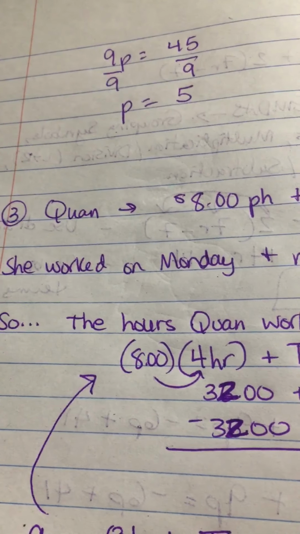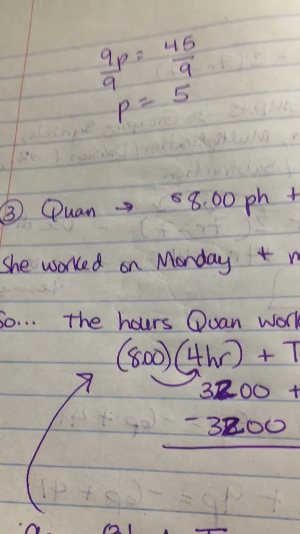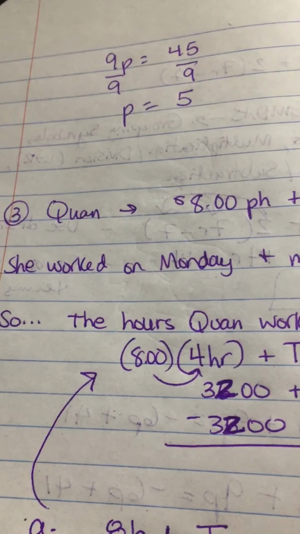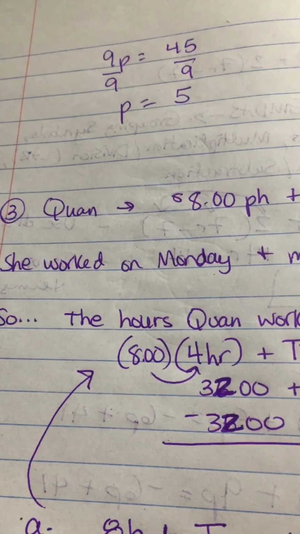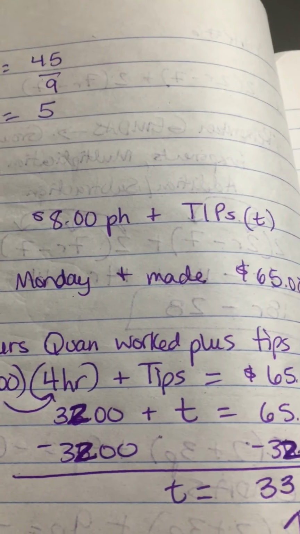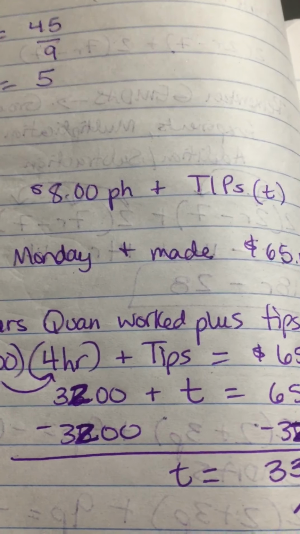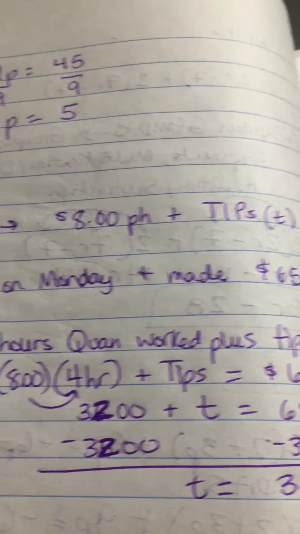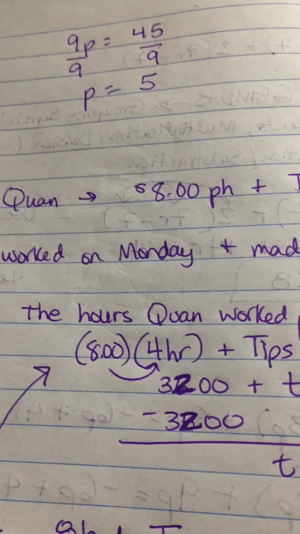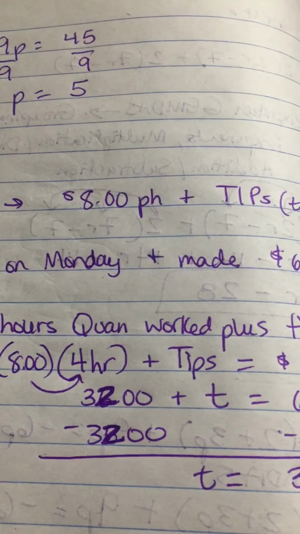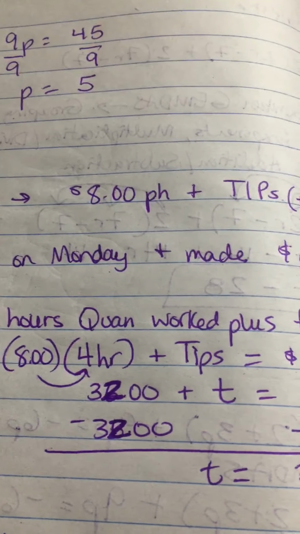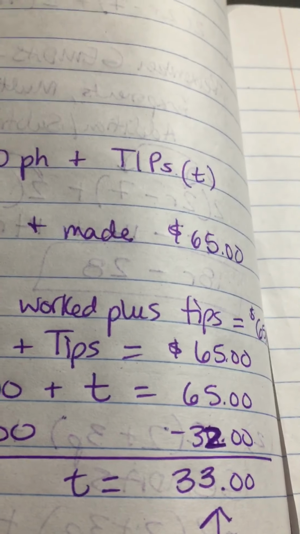We know that she worked 4 hours, that she gets paid $8 an hour, and that she also receives tips. Because of the standard amount she was paid plus the tip she received, she took home $65.